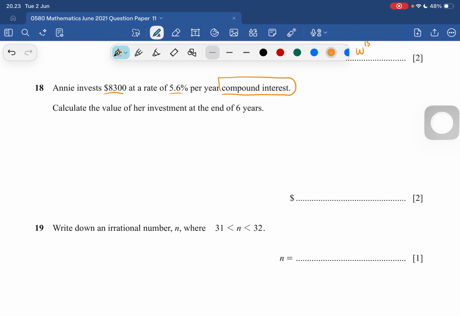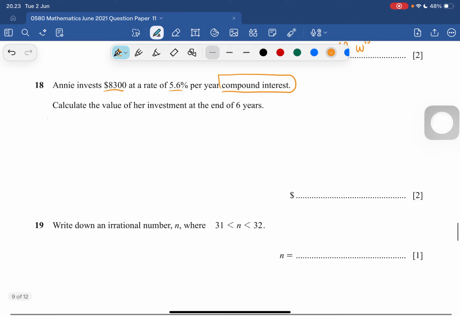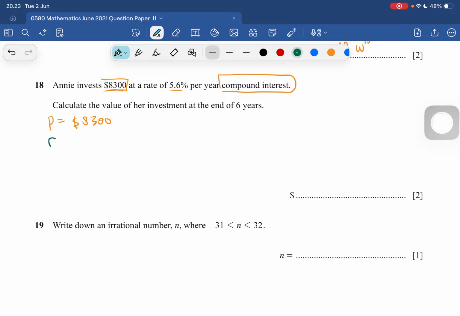First, what we know: this is the principal amount, so the starting money is 8,300. And then the annual interest rate is 5.6%, or we can write it as 0.056.